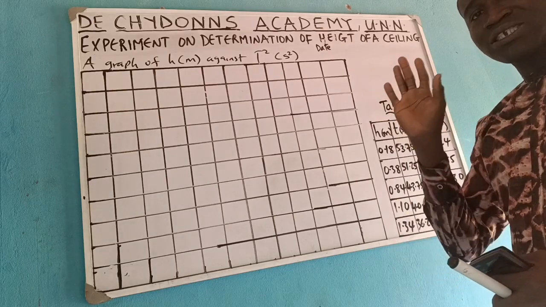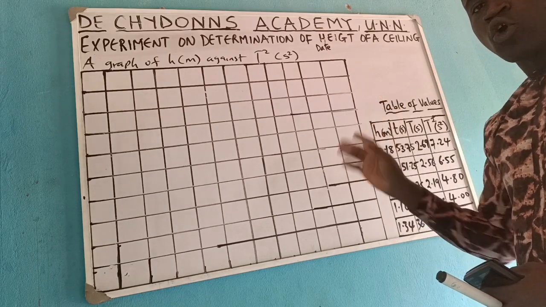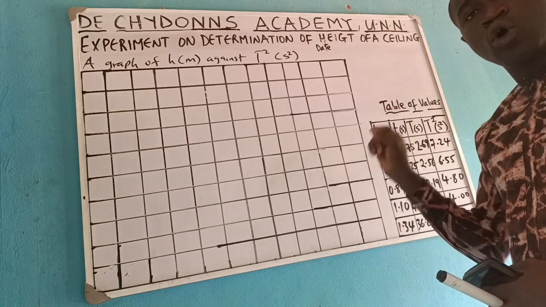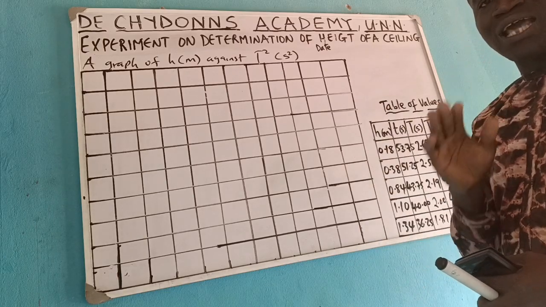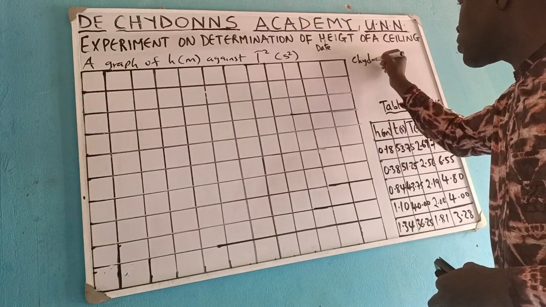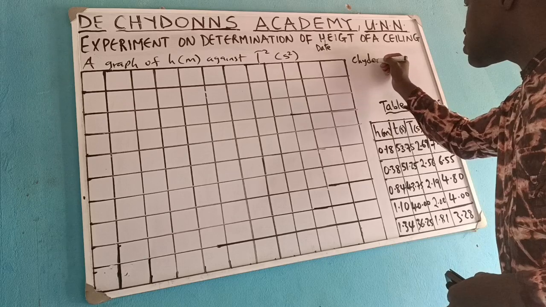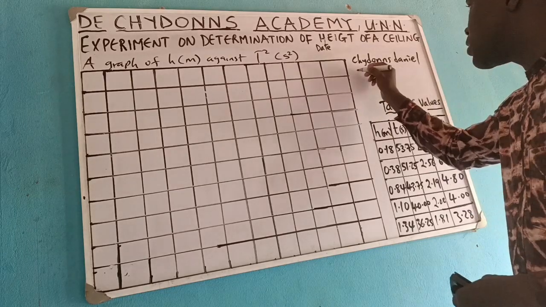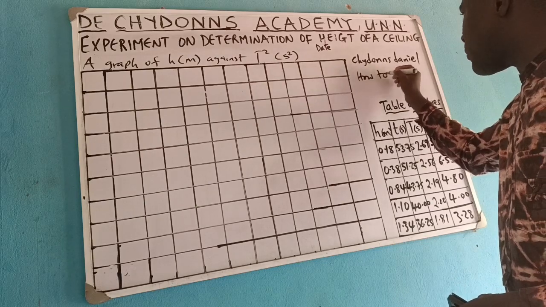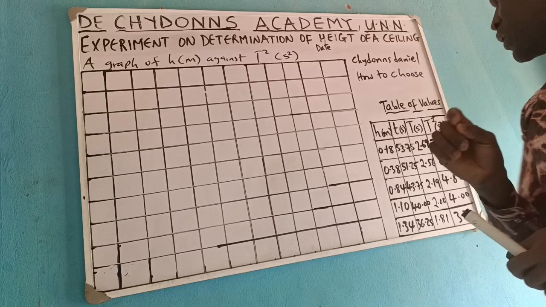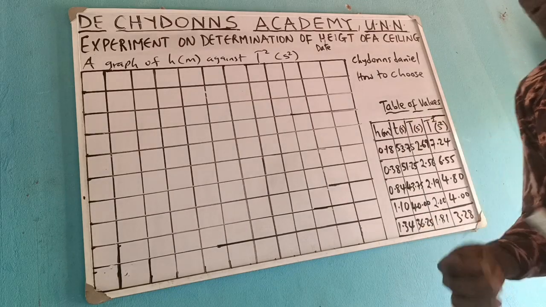Remember, on our channel, we have posted a video on what to do if they say starting from the origin. And if you want to watch that, type Chidons Daniel, how to choose appropriate scale. Then you will be able to see how to choose appropriate scale.